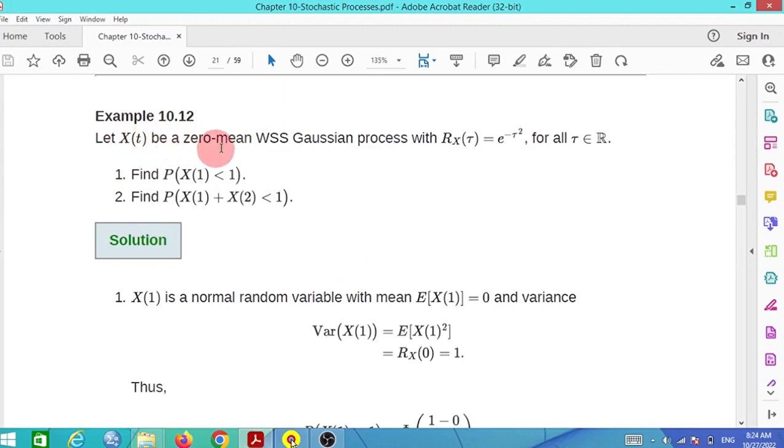Since X(t) is zero mean, the expected value is 0. And for the variance, by definition, because X(t) is zero mean, the variance is the expected value of X(1) to the power 2.